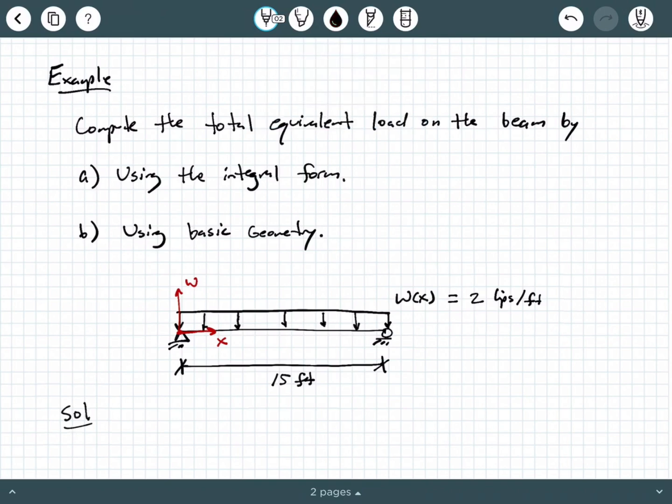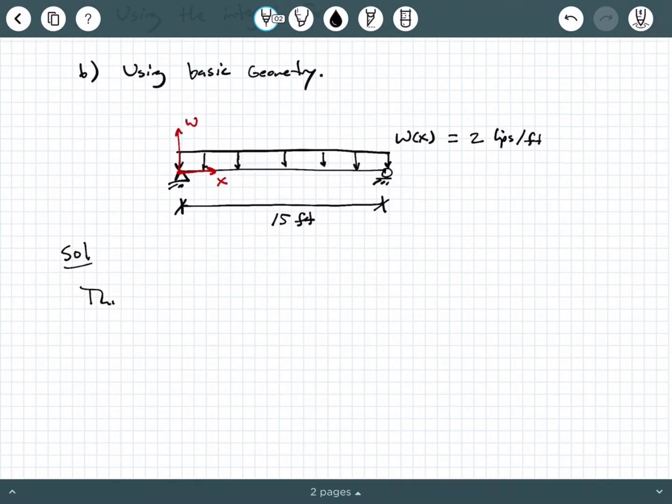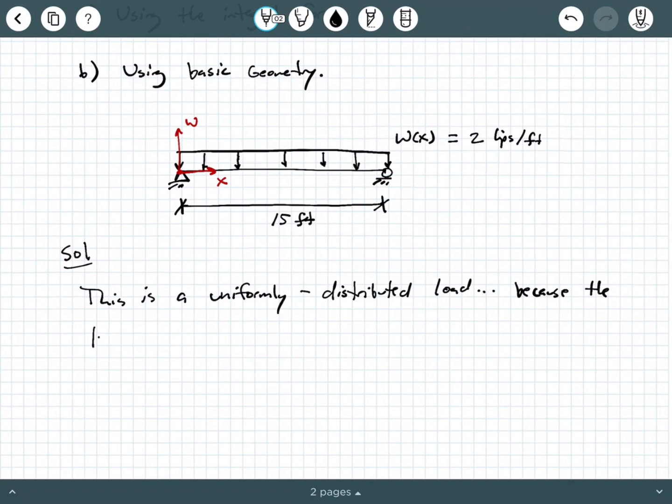So the first thing I want us to notice is this is a uniformly distributed load. Now, why is that? That's because the load intensity is constant over the beam's length.